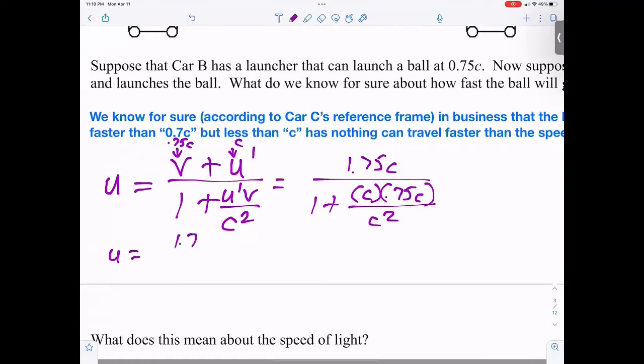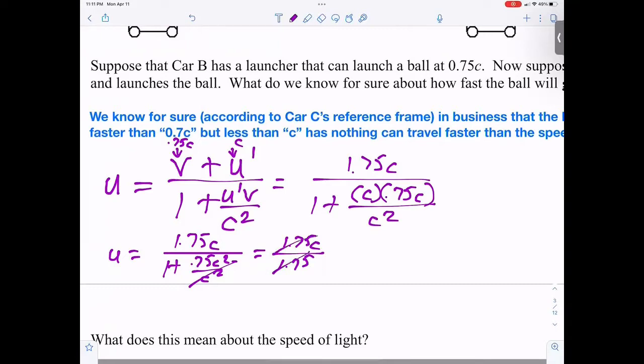On the bottom, we get 1 plus 0.75 c squared over c squared. You can see that cancels. And look what we end up with: 1.75 c over 1.75. The c squareds cancel.